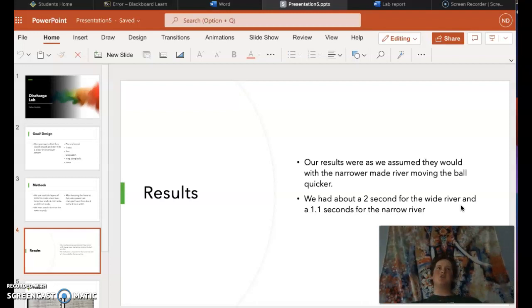The only thing that changed was the width. So if you have a smaller, more condensed river with the exact same power in the water, the smaller river is going to go faster.